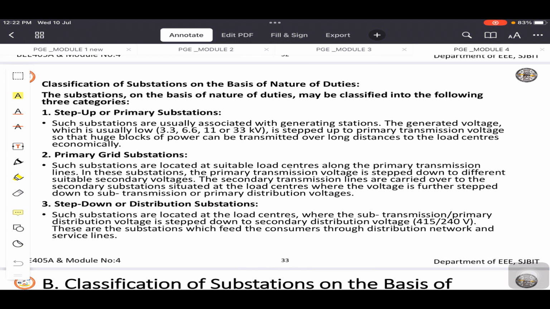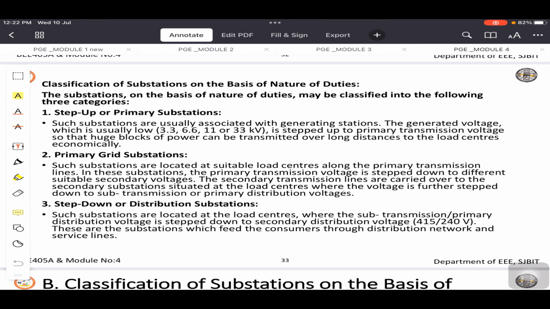Next comes primary grid substations. In primary grid substations, generally they are located near to the load centers along with the primary transmission lines. Generally in these substations, the voltage is stepped down. The voltage which was stepped up in the primary substation is received here and it is stepped down to different secondary voltages.